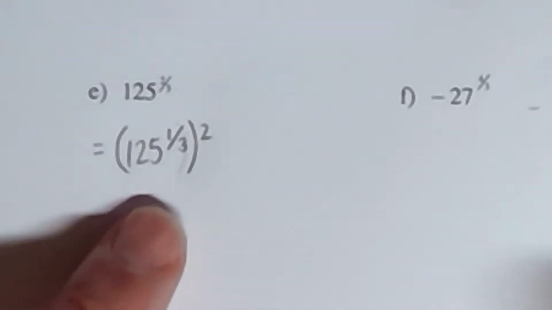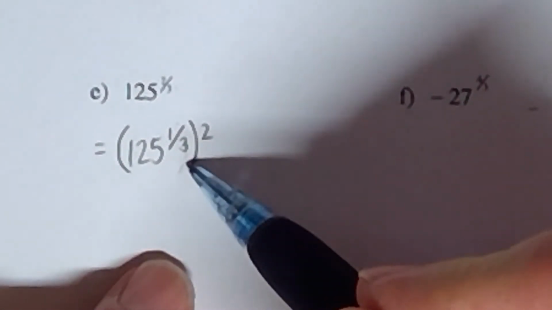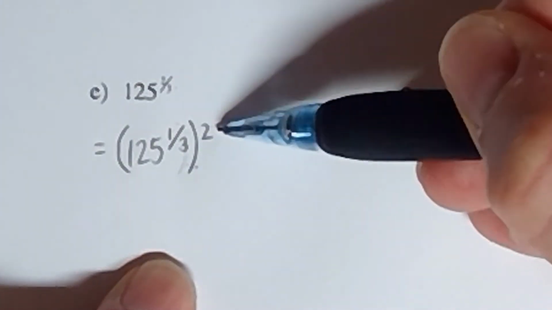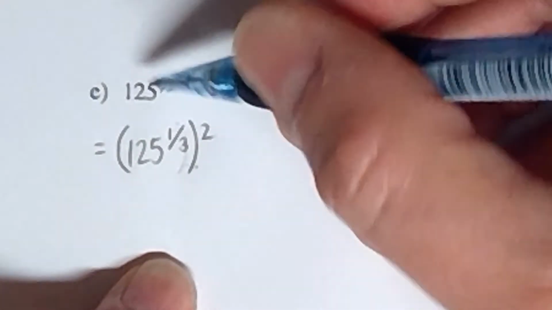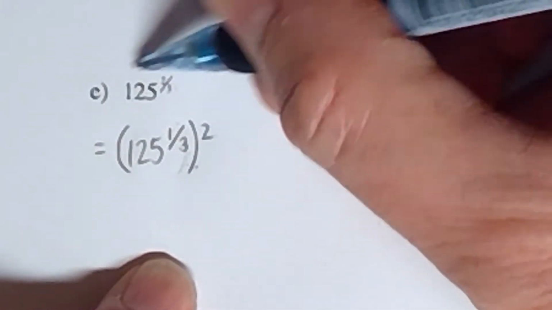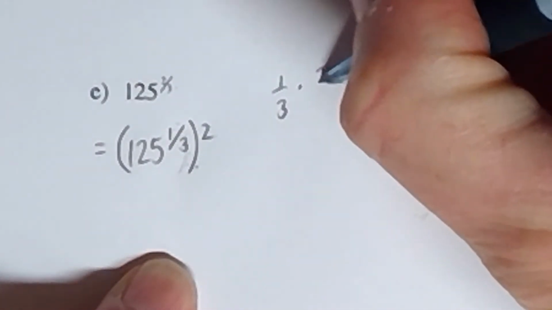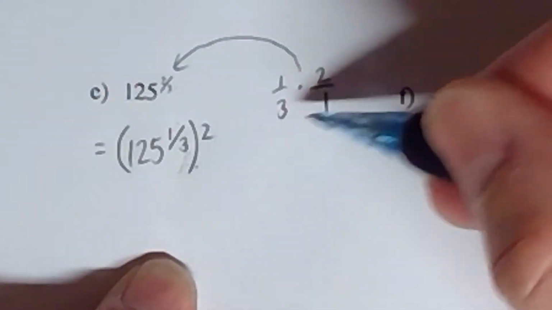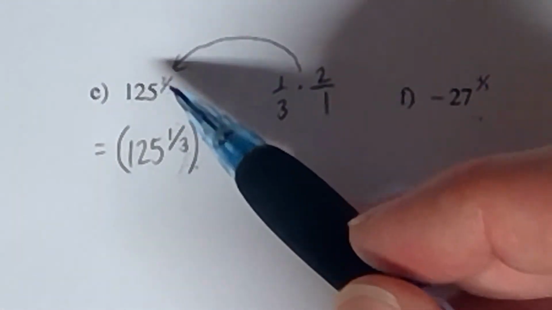The reason why I did this is because, as I was just reminding you of a few minutes ago, when you have a term inside of a bracket and then it's taken to a power, you multiply those exponents if you want to figure this out. So that confirms that this is the same thing as the original problem, because we know that 1/3 times 2 is equal to 2/3, isn't it? And it's the same thing if this had been 2/5, for example.